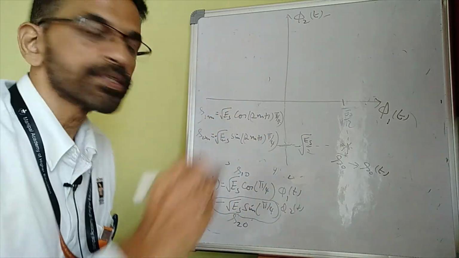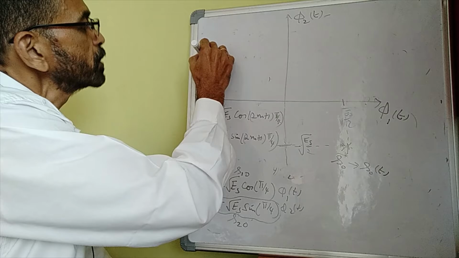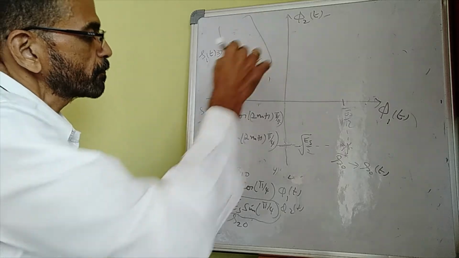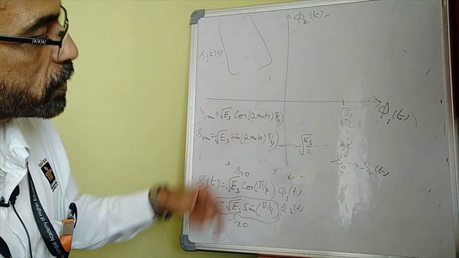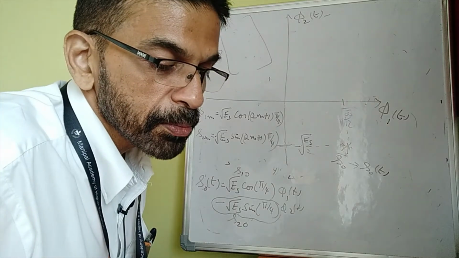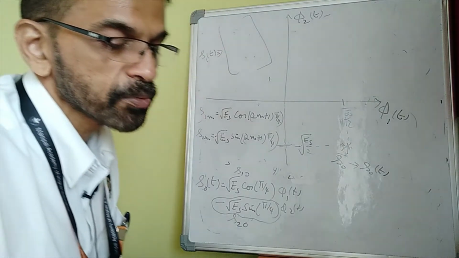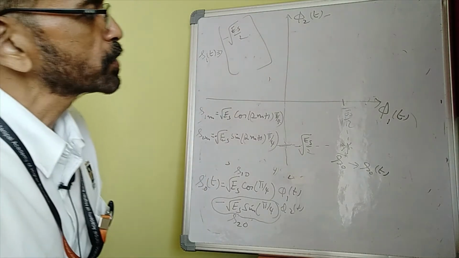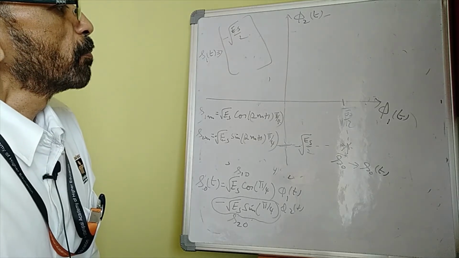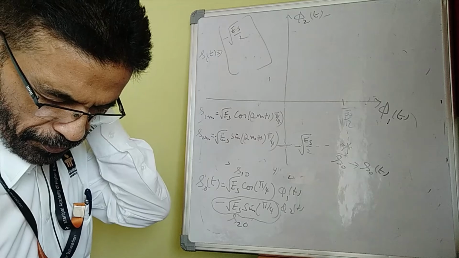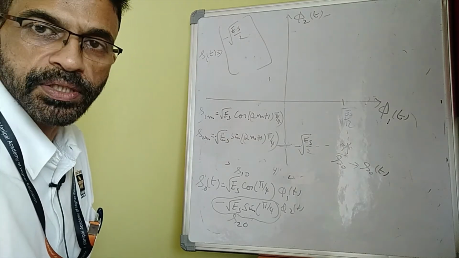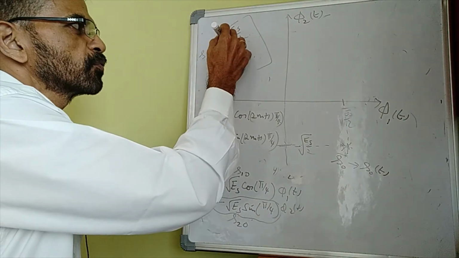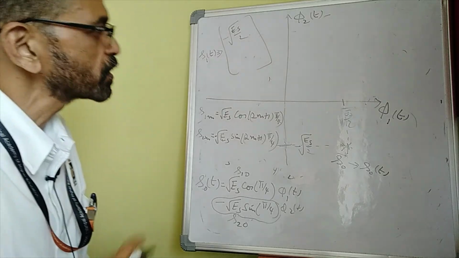You can verify that the coordinates for S1(t), the next signal, will be root Es cos 3π/4. Cos 3π/4 is minus 1 by root 2, so root Es cos 3π/4 gives you minus root Es by 2.